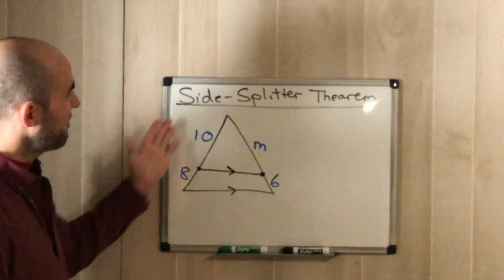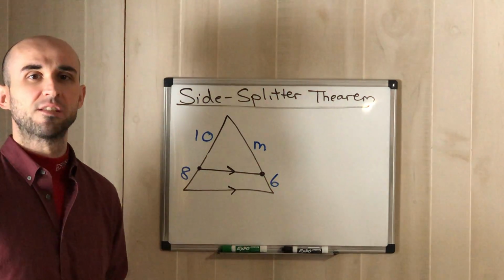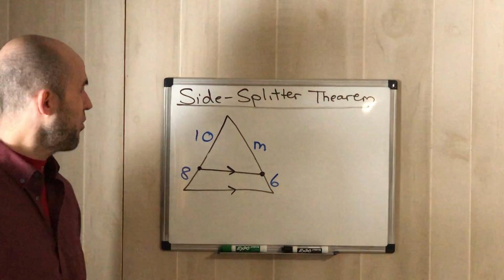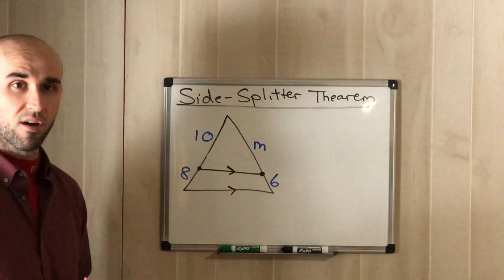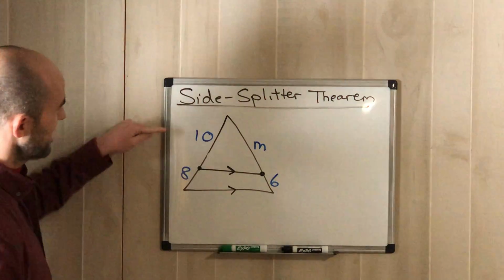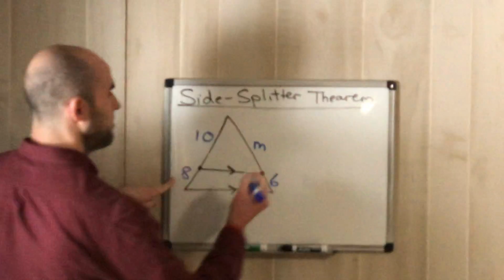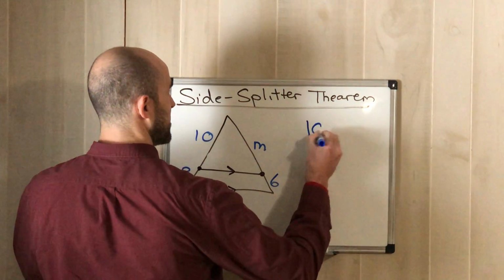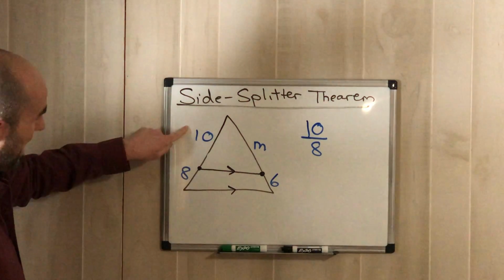Now when we're given this, the way that you actually set up a proportion is by going in order, right? There's different ways that you can figure out the proportions, but you always have to go in order. So remember, it's two fractions. One way you can do it is, let's say I wanted to write the first fraction as going from top to bottom. So if you wanted to go top to bottom, you can write 10 over 8, right? 10 over 8 goes top to bottom.